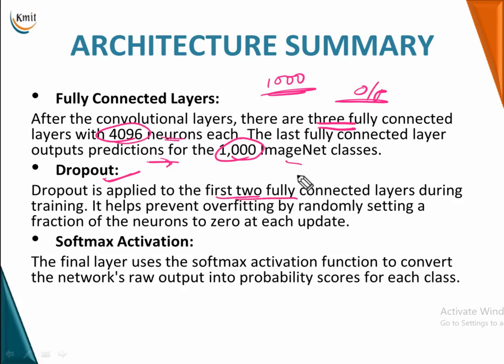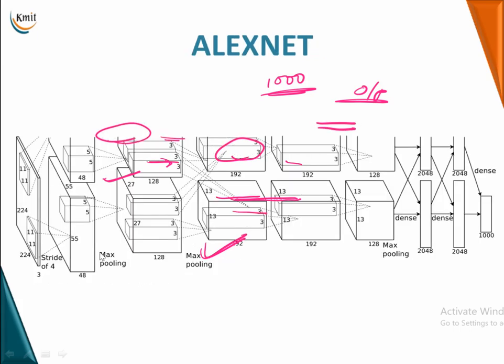You already know that dropout is always used as a prefix to your dense layer. During training it helps prevent overfitting by randomly setting a certain number of neurons to 0 at each update. As the output activation function, as I already told, there is a softmax function. So this was about the architecture.